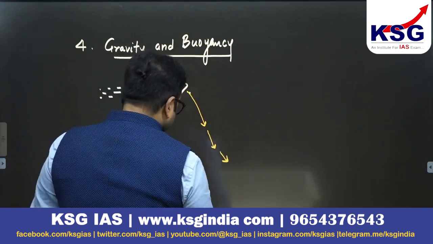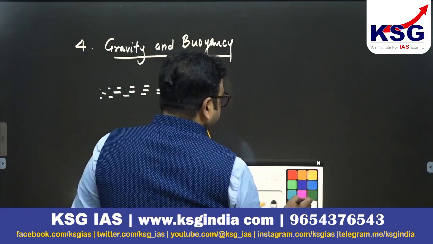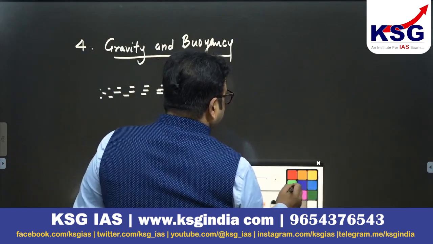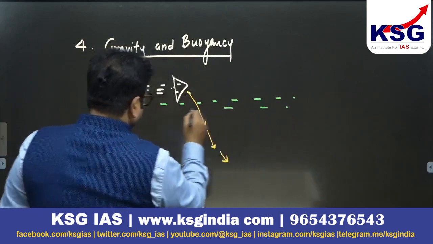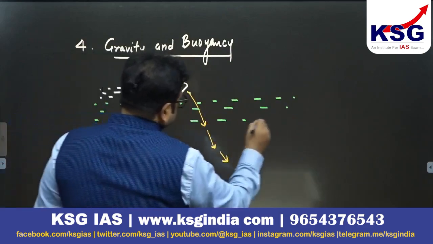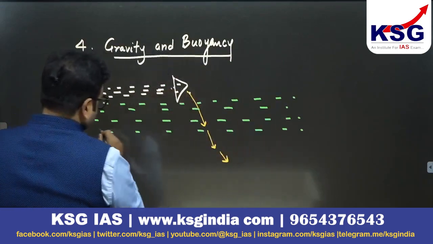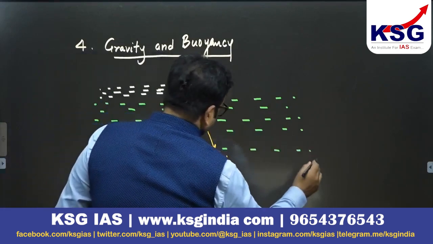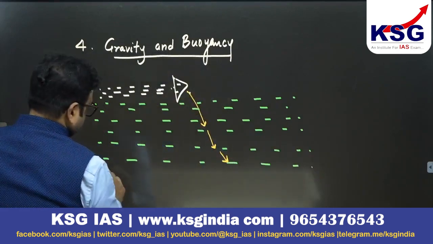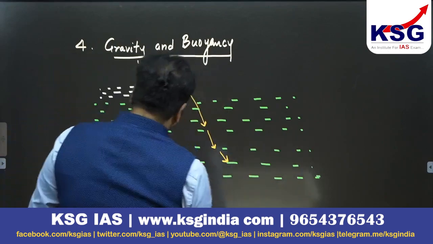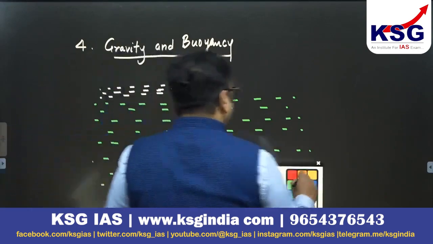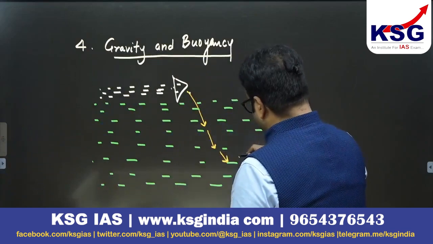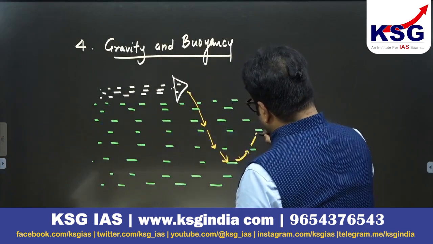But simultaneously, there is other air that acts as a cushion. What does it do? It gives buoyancy to the moving air, and the air starts moving up like this.